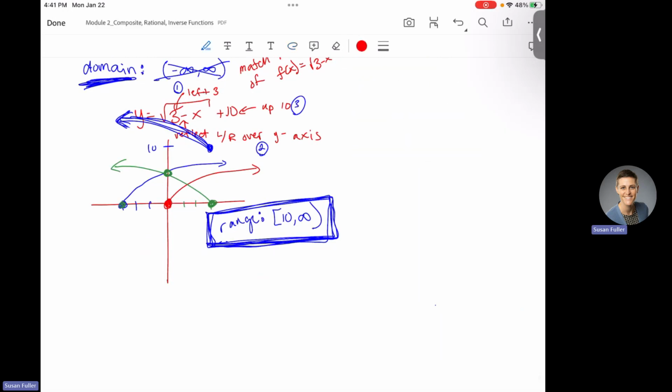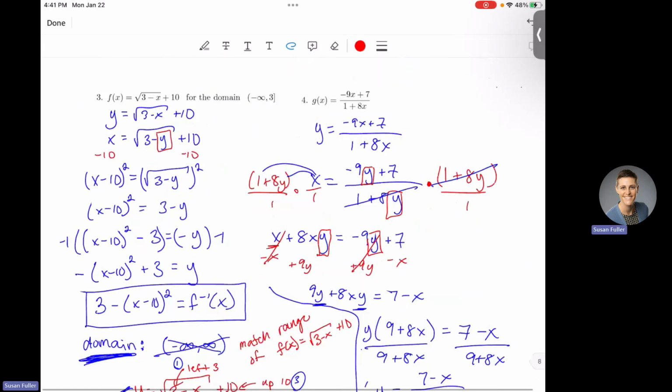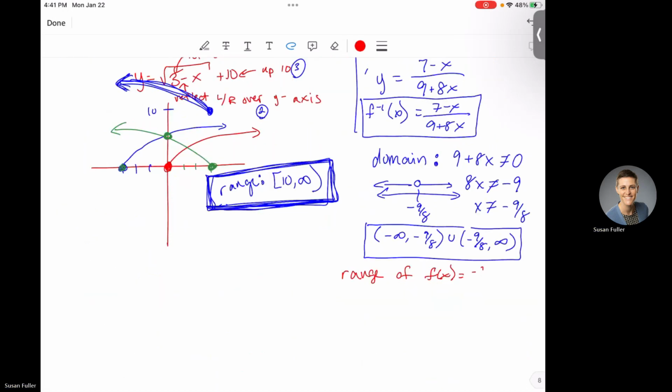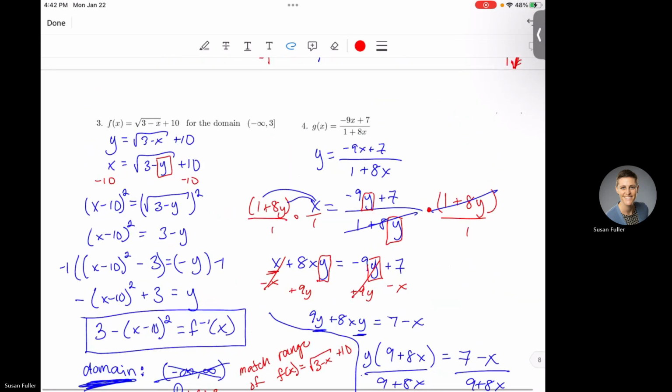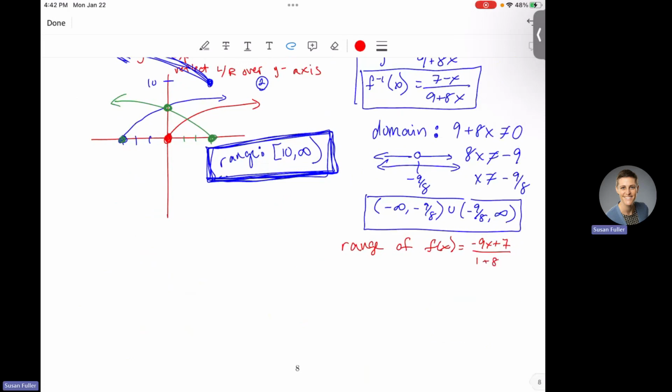And then just to check whether or not that matches the range of my original. My original looked like negative 9x plus 7 all over 1 plus 8x. Well, this is a rational function. Everything's factored. There's no factoring here to do.